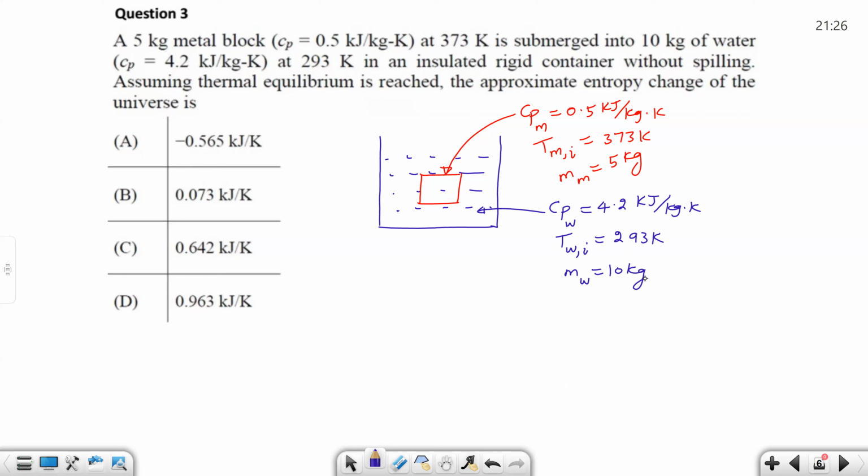Since the temperature of the metal block is more than the water, there is heat transfer from the metal block to the water, by which it reaches thermal equilibrium.